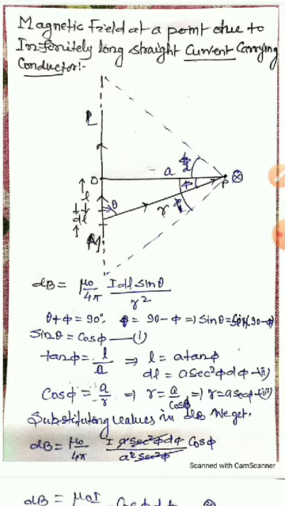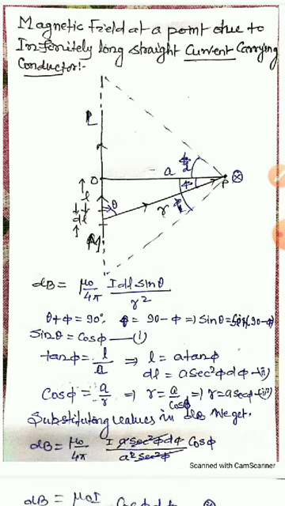When this elementary element shifts along the length of the conductor, the value of theta will change, the value of phi will also change. So there are three variables. So we have to express it in terms of a single variable, then only we can integrate it over the length of the conductor.